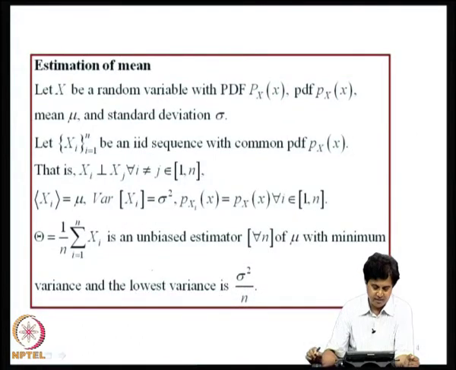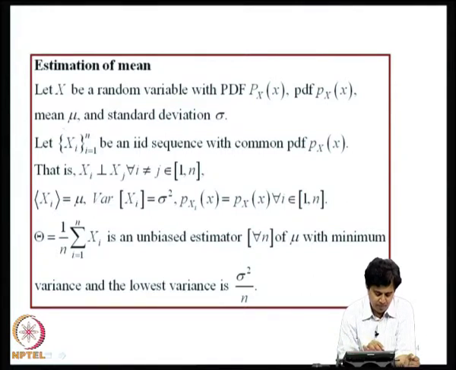So, we were discussing estimation of the mean. We started by assuming that x is a random variable with a probability distribution function capital P x of x, probability density function lowercase p x of x, mean mu and standard deviation sigma.